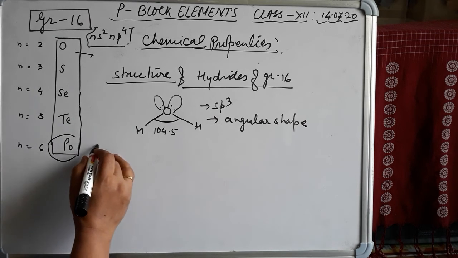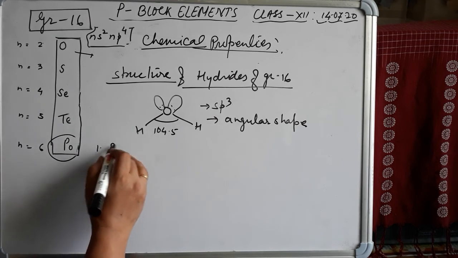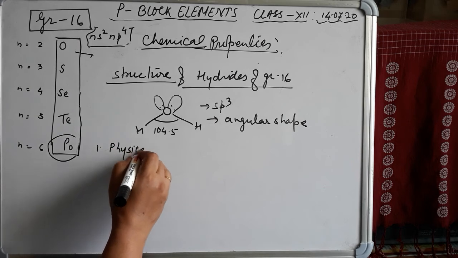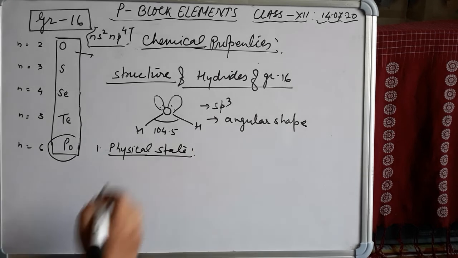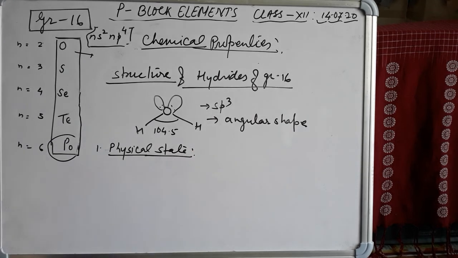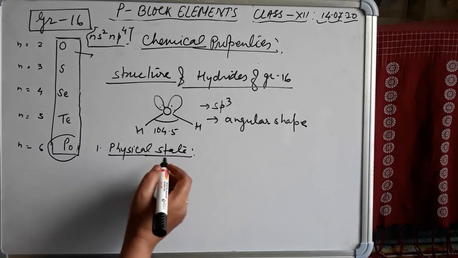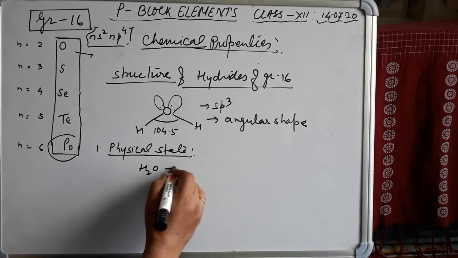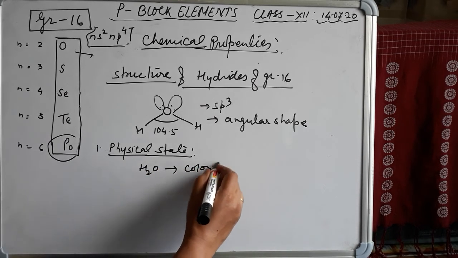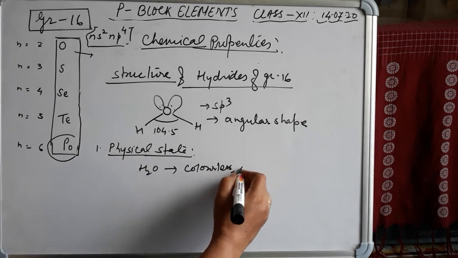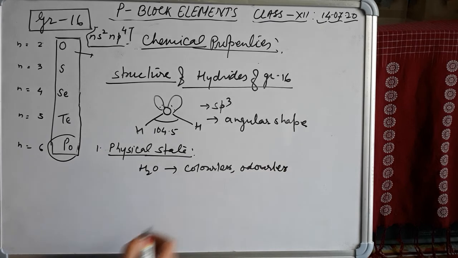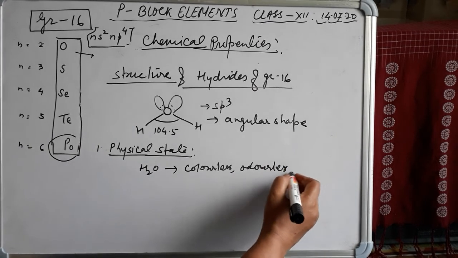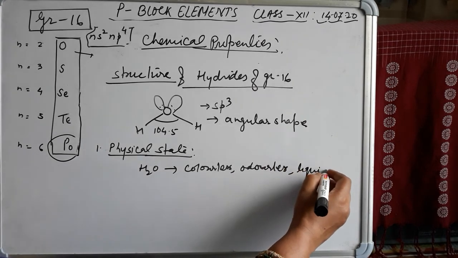What are the characteristics of hydrides? The first characteristic of hydrides is physical state. The hydride of oxygen, H2O, is colorless and odorless, and its state is liquid.